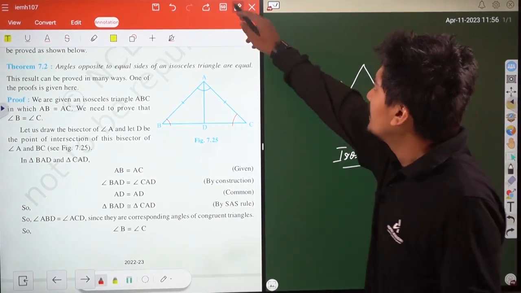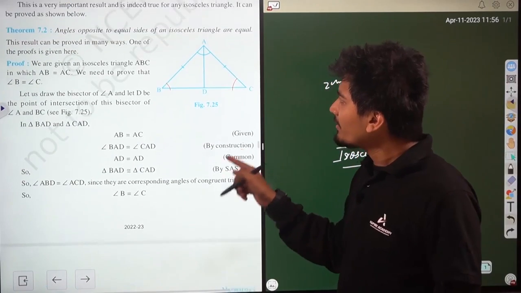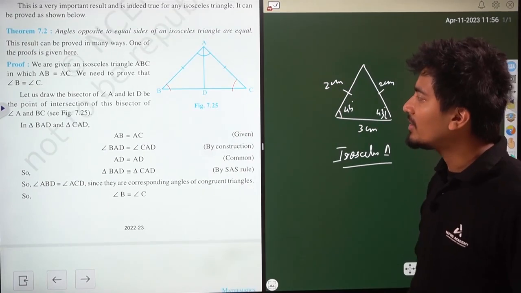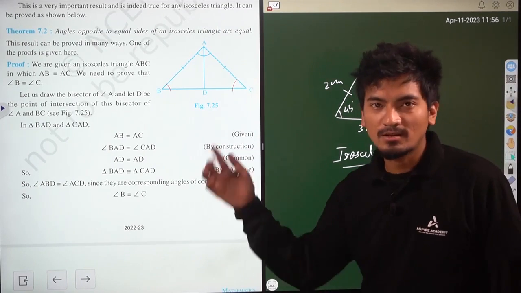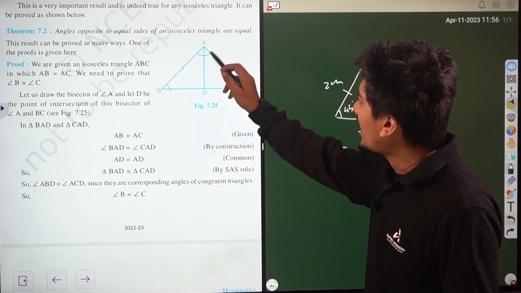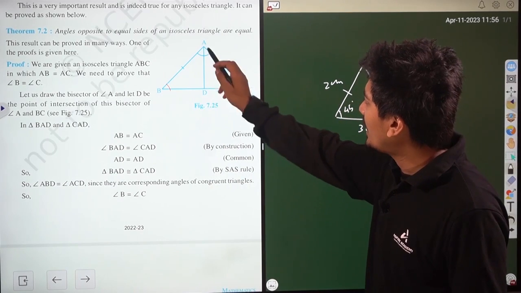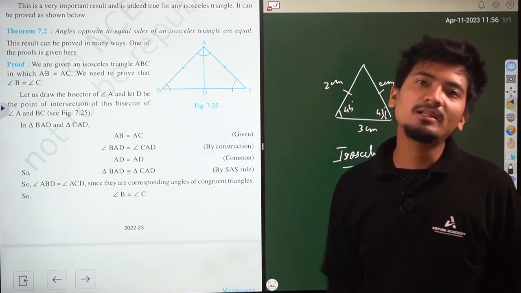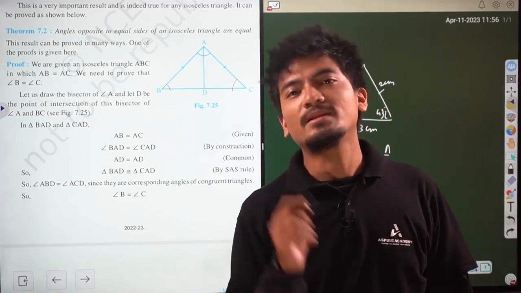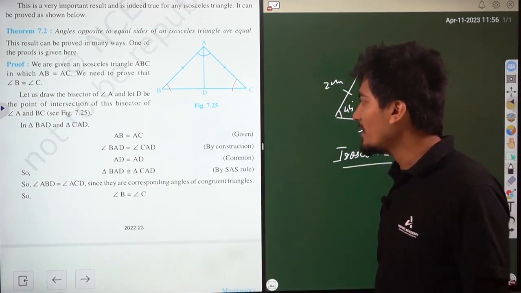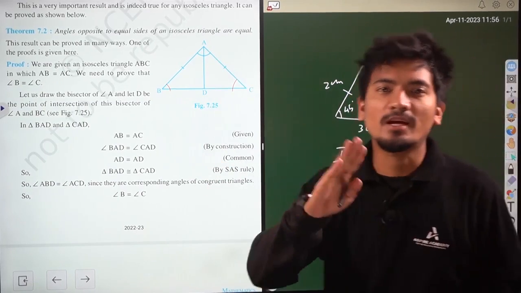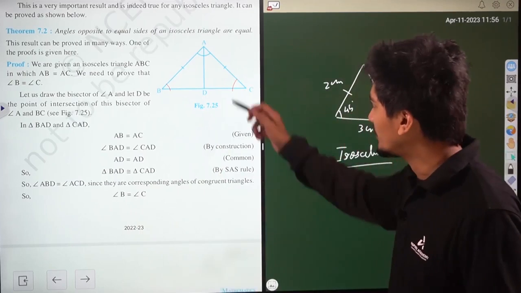Okay. Now in triangles BAD and CAD, what have we got? We have got that AB is equal to AC, which is already given, and angle BAD is equal to angle CAD. Why? Because we have drawn the bisector of angle A, by construction. And also AD is the common side for both these triangles.